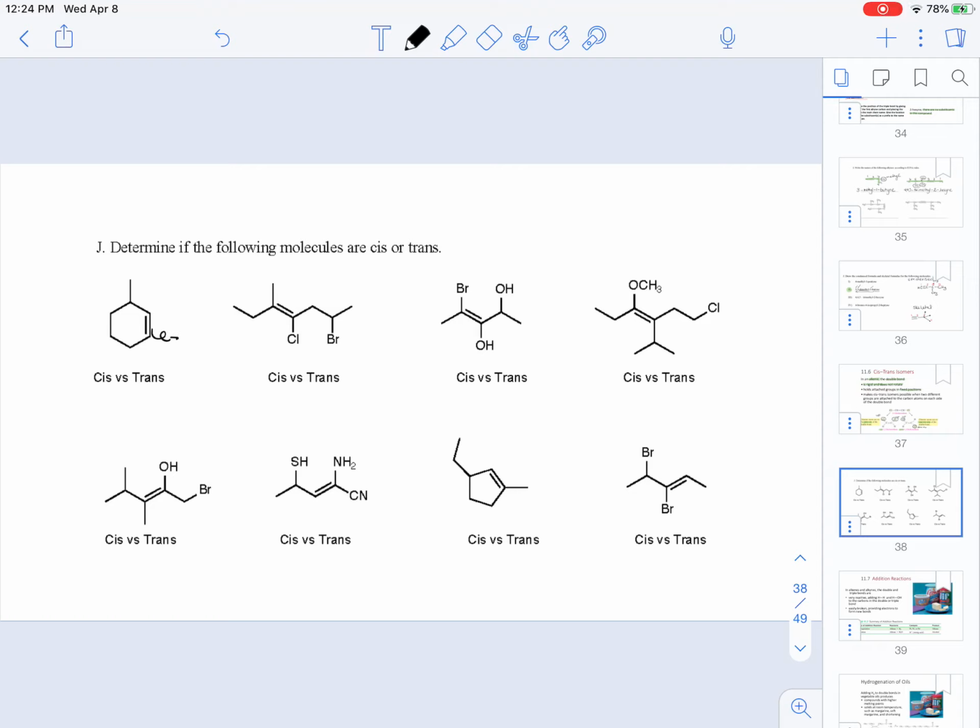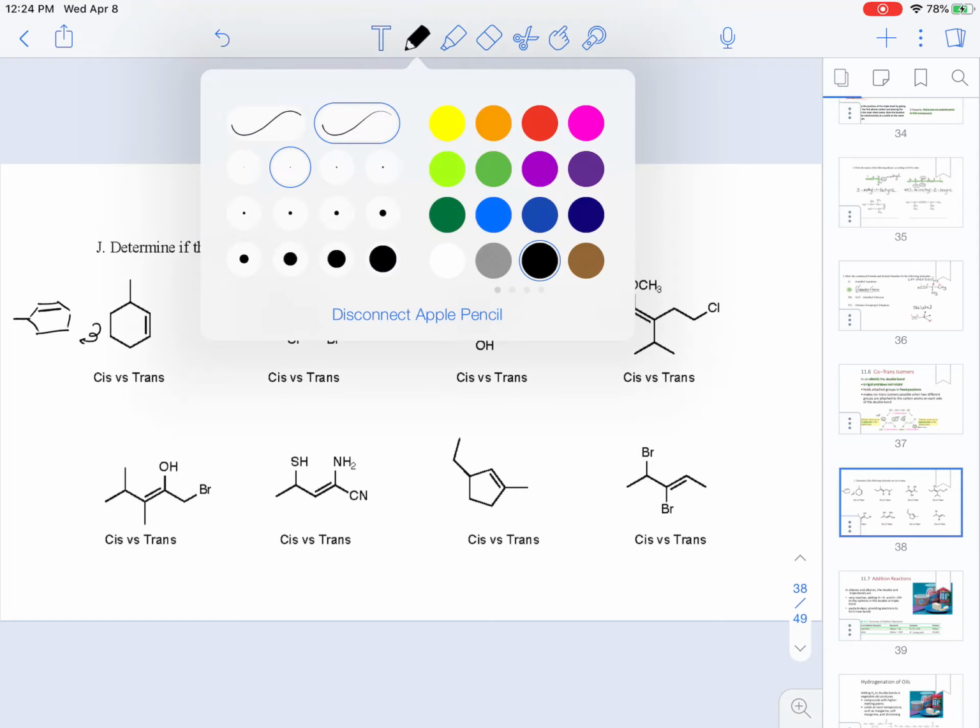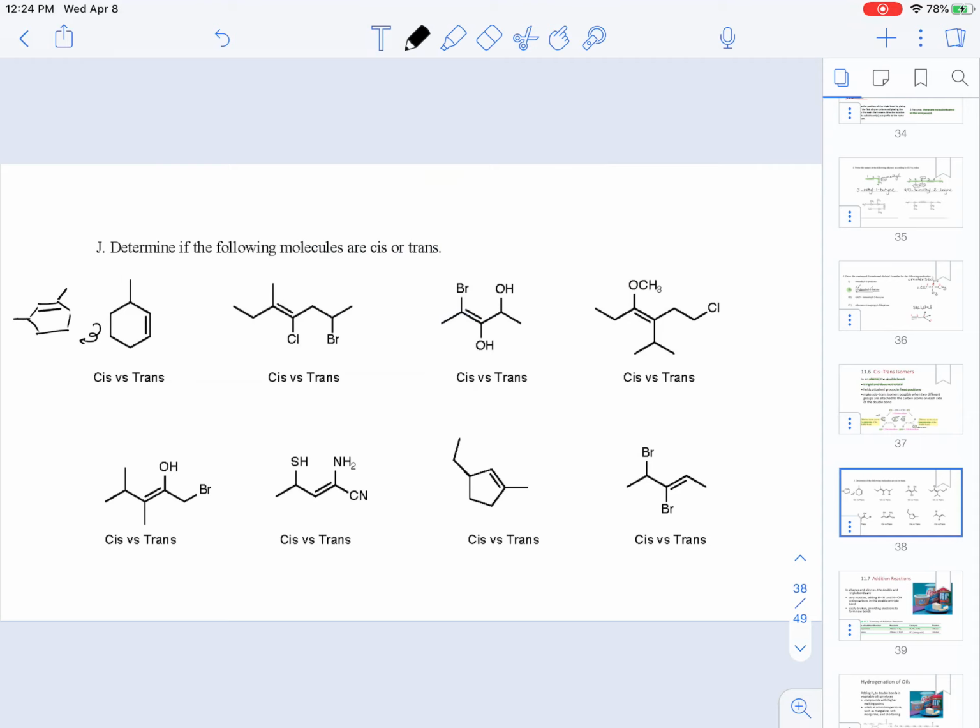This squiggly line is my representation for redraw, and I'm going to redraw this molecule and put it sideways, meaning that I'm going to have now the carbon-carbon double bond in a horizontal position. Now I'm going to be asking myself, looking at this compound, this carbon is going to have a hydrogen, this carbon is going to have a hydrogen.